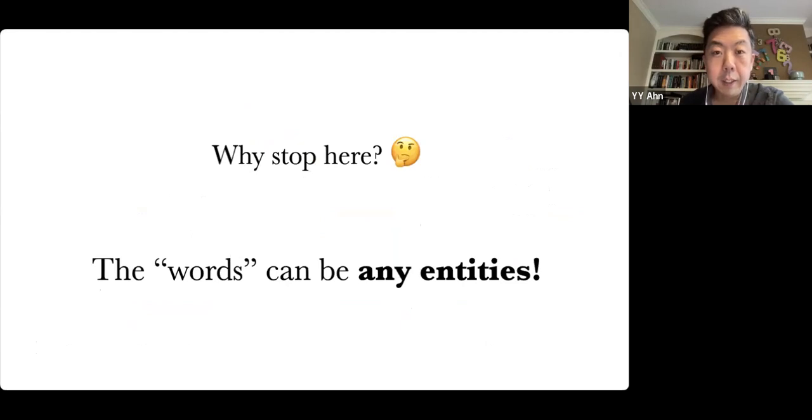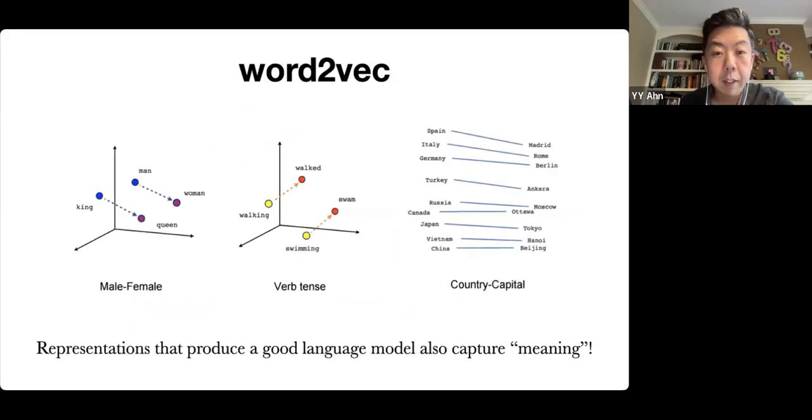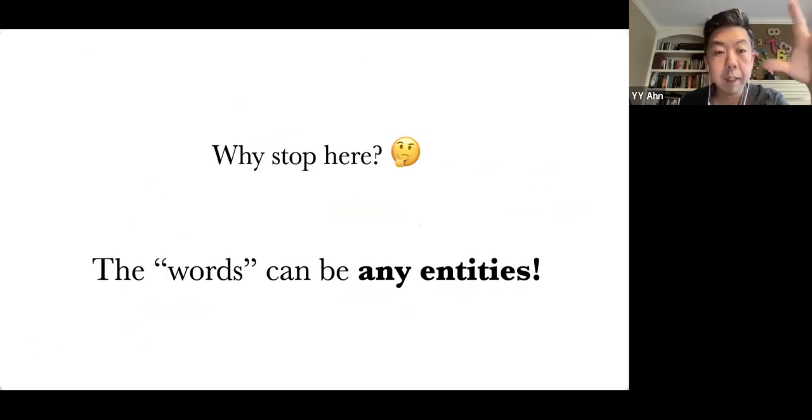An interesting thing to think about here is that there's no restriction on what should be the words or what should be the sentences. As long as something is appearing in sequence, we can think of them as words and sentences.